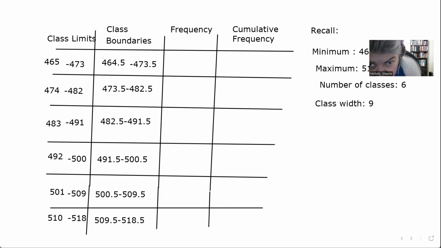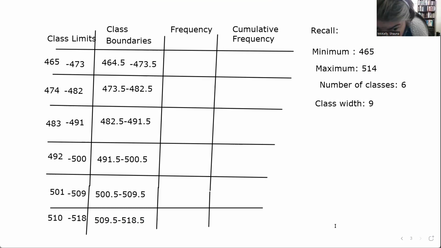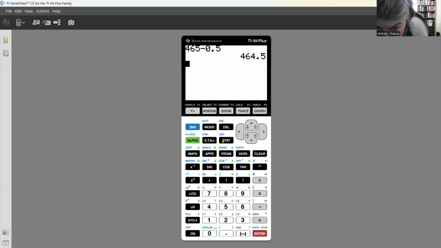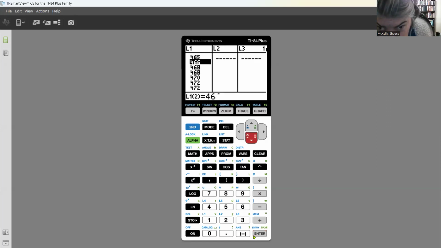So if I go over here and I say, here's my data. Let me go back. Remember to see your list, go to Stat, Edit, and just count on your screen. So we're counting until we see 473 counts, but the 475 doesn't.